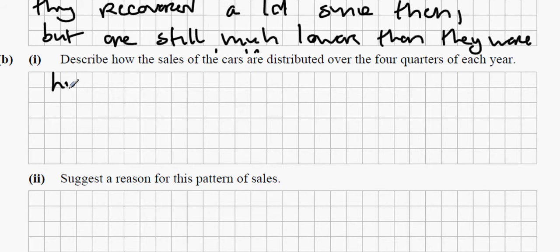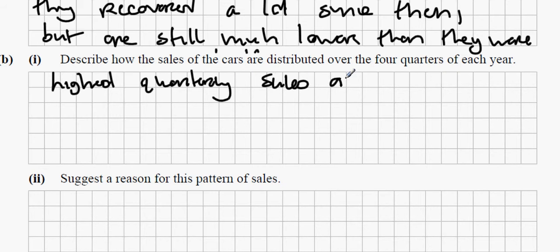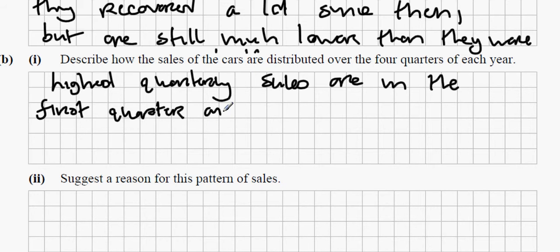Highest quarterly sales are in the first quarter. It doesn't want the reason why, it just wants the description. In the first quarter, and decrease significantly.